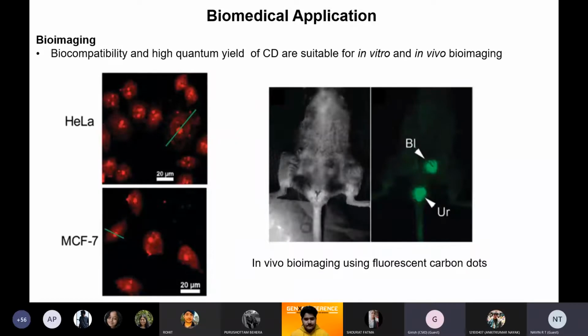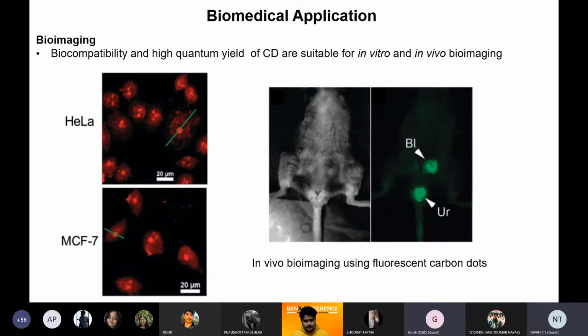So now, considering everything, that the carbon dots are very fluorescent in nature, and we have done the surface functionalization properly so that it will not produce any toxicity because of the surface functional groups. And if we want to do some targeting applications, then we can use that surface functional group for targeting with proteins or any other receptors.